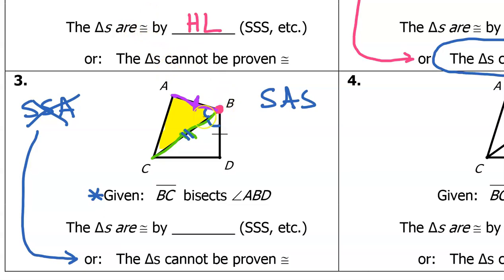So this is the angle that is between the two sides. Is that the angle that is marked congruent? Yes, it is. So because the angle is between the two sides, that makes this a side angle side situation. So the triangles can be proven congruent by side angle side.